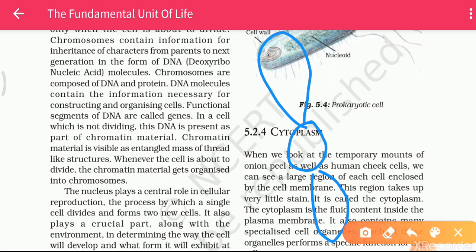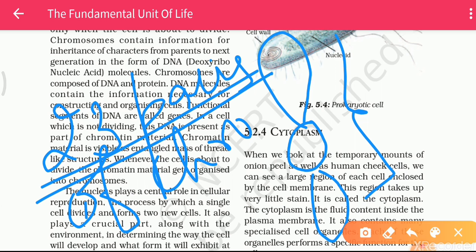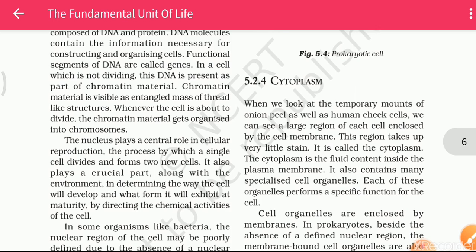This much only is given about the chromosomes, and if you want more knowledge, in human beings 23 pairs of chromosomes are present, and the total is 46, because double of the 23 pairs is 46. So this is only about the chromosomes. Okay, let's continue to the next paragraph.